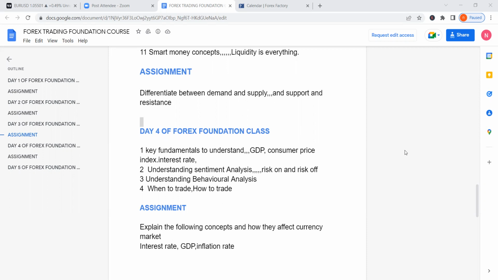Then what do you mean by risk off? When there is risk off, it's a period of instability in the financial system, a period where you have what we call recession.